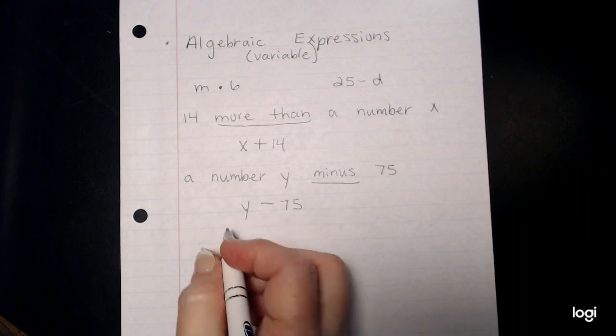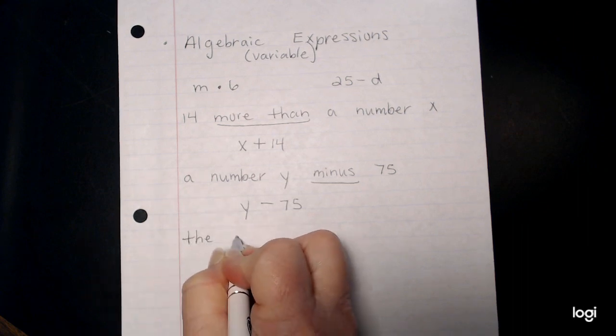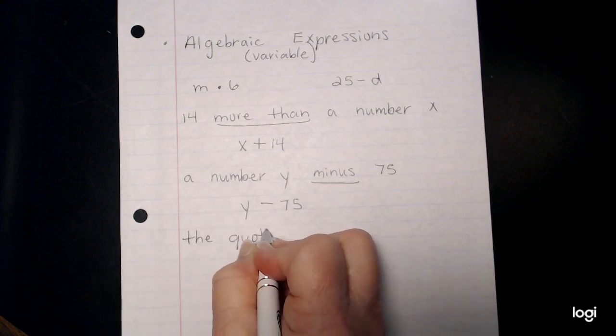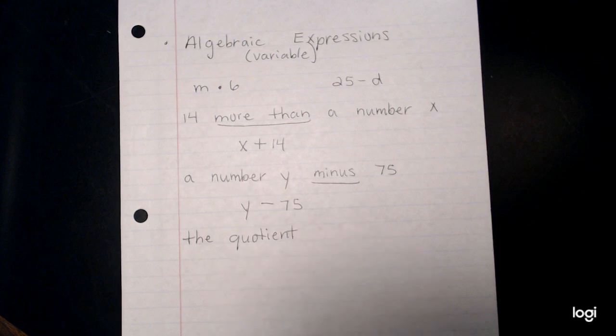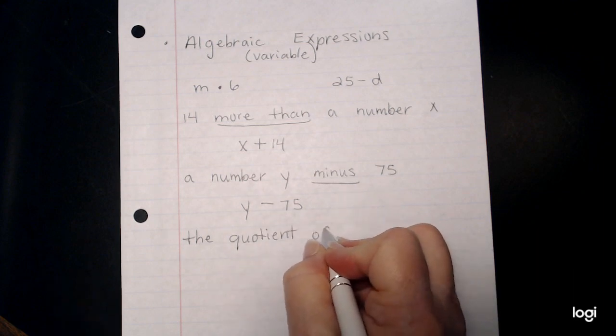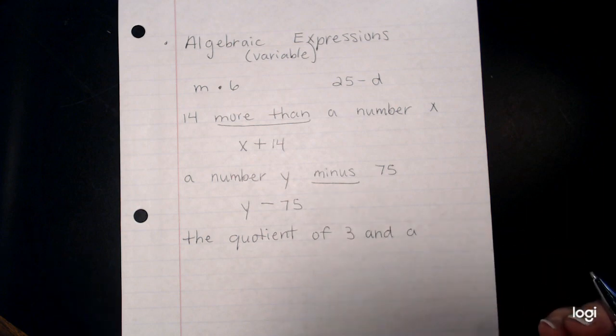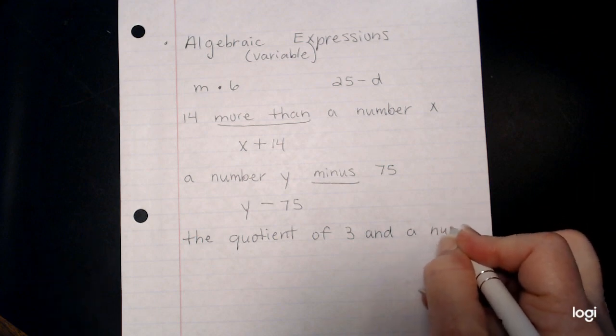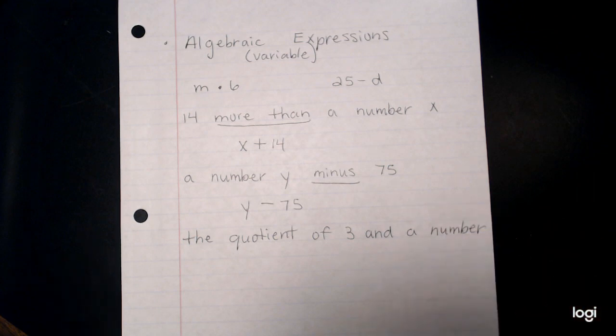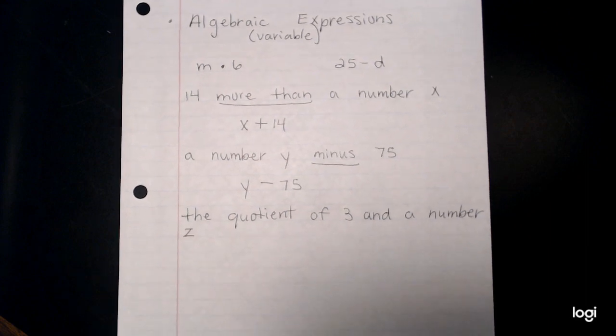The quotient of 3 and a number, I have this one a little bit longer, z. The quotient of 3 and a number z. Quotient means divide.